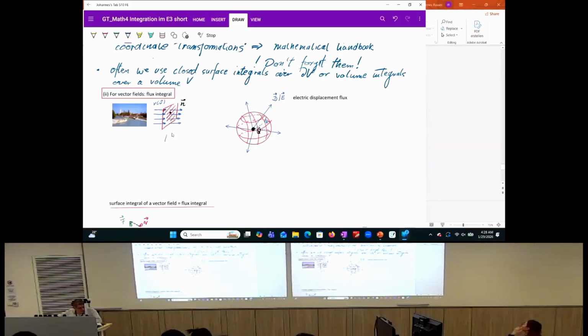So if you use a flux integral, then what you do is project the field vector onto the normal vector of the corresponding area. I think that makes very much sense. This is the area you want to evaluate your flux integral over.